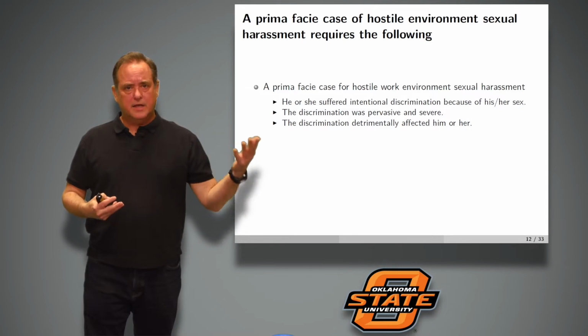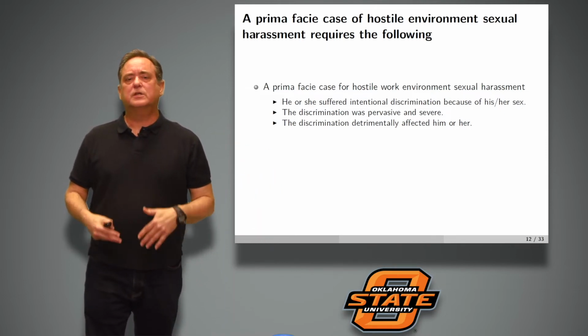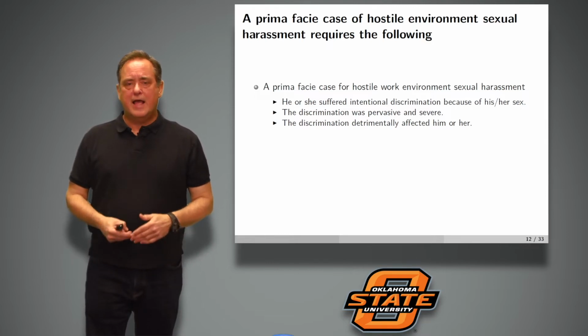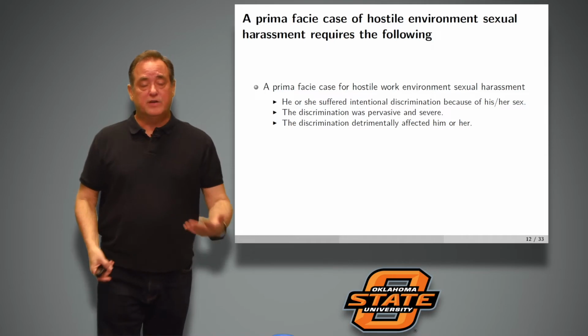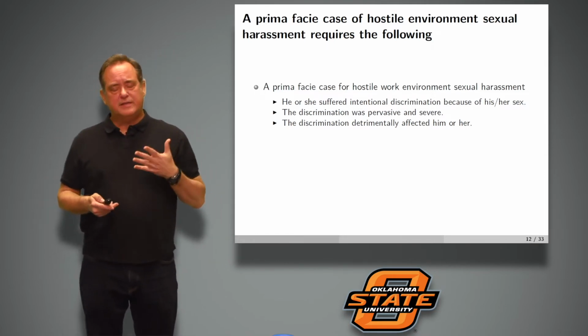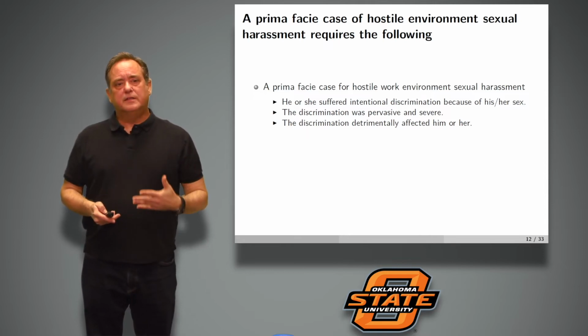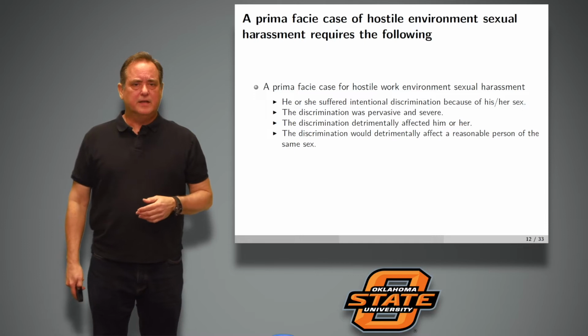It can be things having to do with mental anguish and concern and medical issues in which you develop anxiety or something along those lines. So you have to show that the conduct, the hostile work environment, detrimentally affected you.